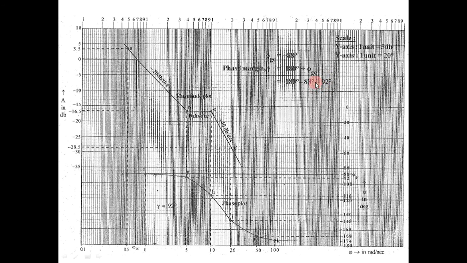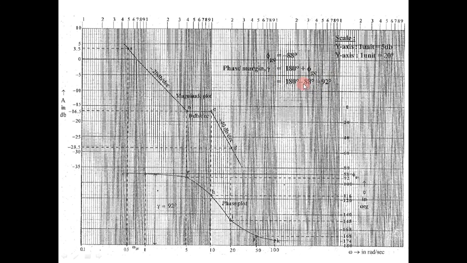We got the phase margin as a positive value, and the first condition is satisfied, that is omega gc is less than omega pc. We already know that for the system to be stable, omega gc should be less than omega pc. The second condition is that phase margin should be positive.